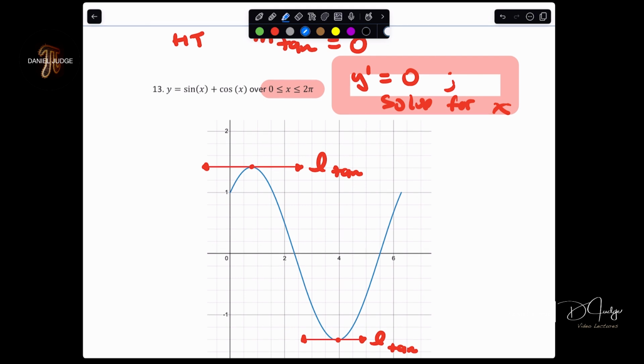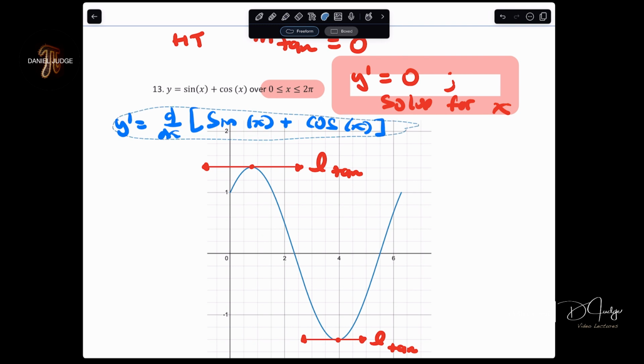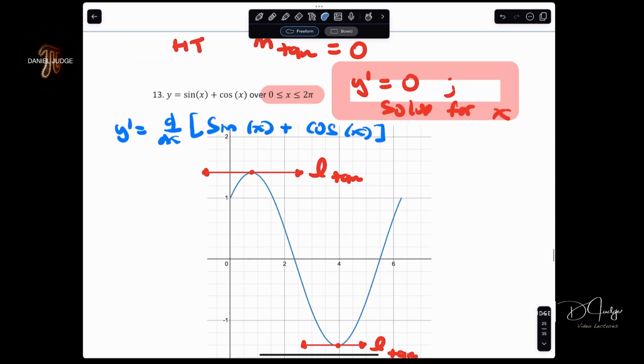So I'm going to try to do it over here and bring it down like I've been doing. So now we have the derivative of sine plus cosine, and that's over the restricted domain from 0 to 2 pi. So let's get this derivative here.